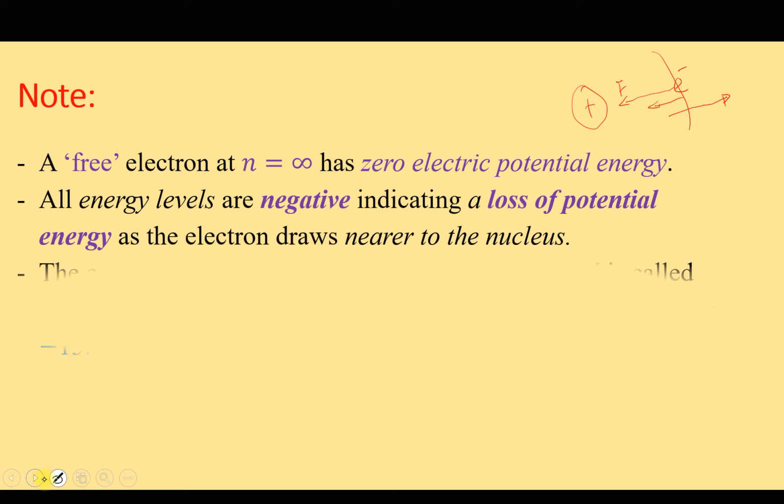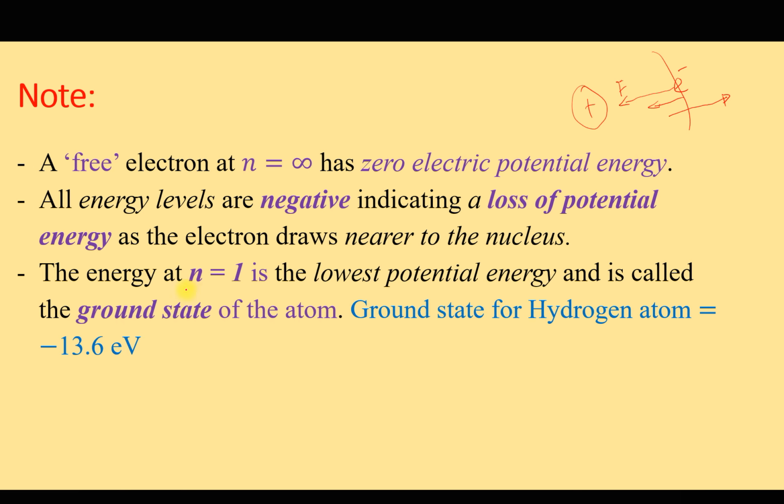So the energy at n equals 1 is the lowest potential energy, and this is called the ground state of the atom. The ground state of a hydrogen atom, for example, is minus 13.6 electron volts.